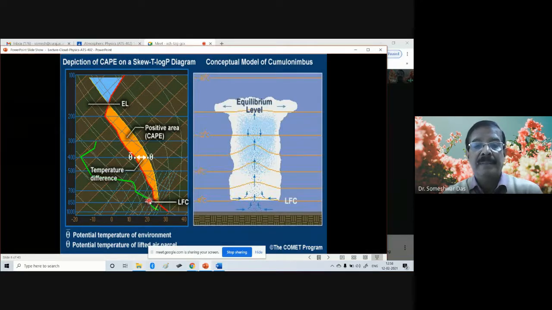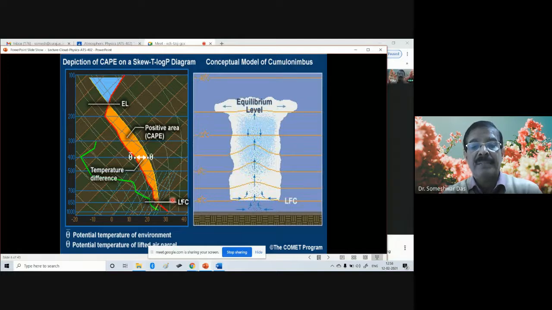The point where the two meet is the lifting condensation level. Further, if we lift them, there is a point where the two cross each other, which is the level of free convection, and onwards the parcel will follow the moist adiabat, and the temperature of the parcel is determined from the moist adiabat.